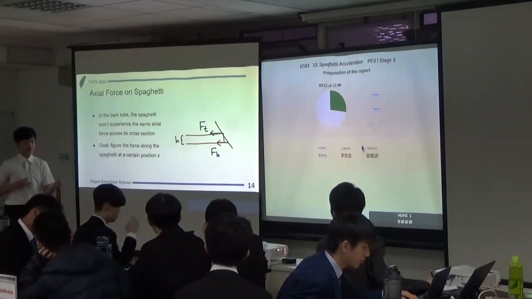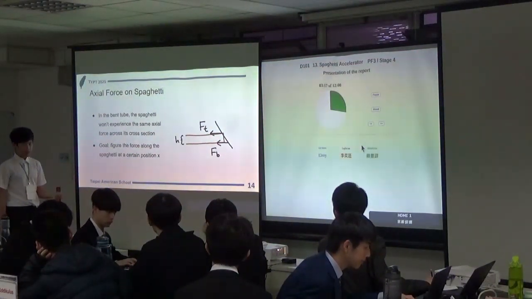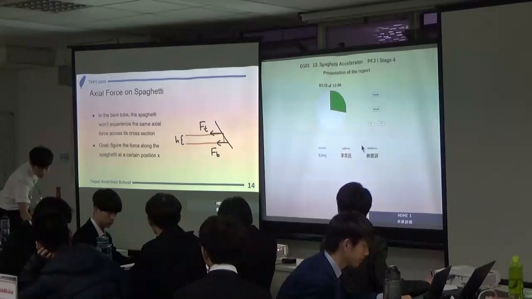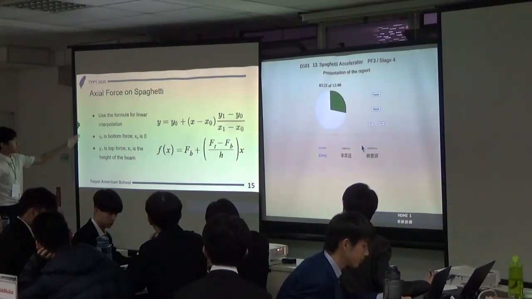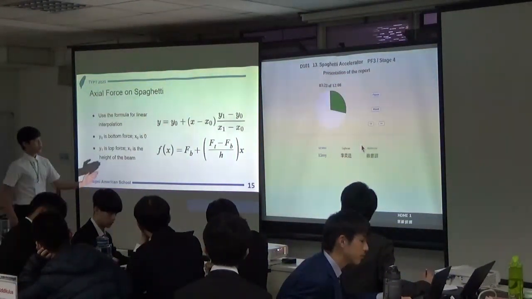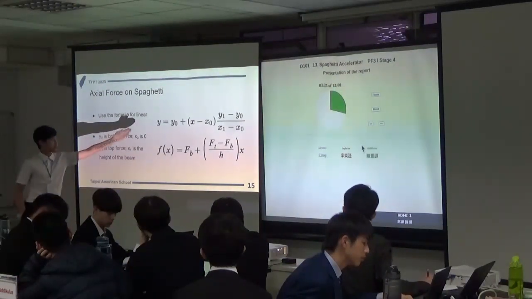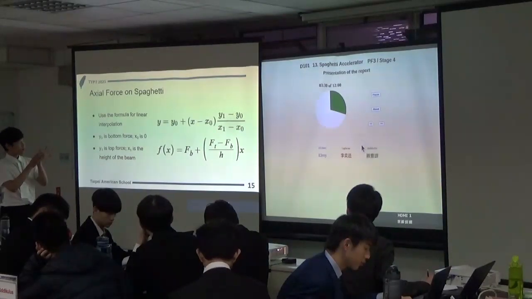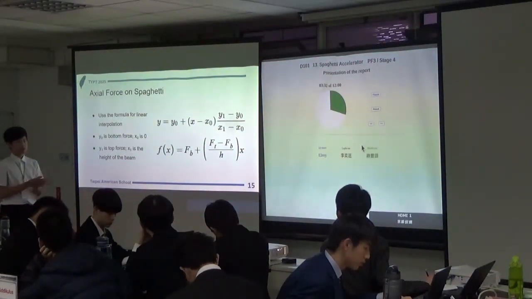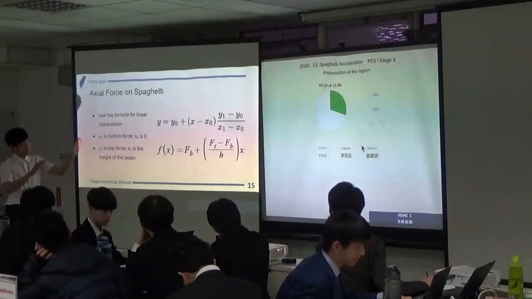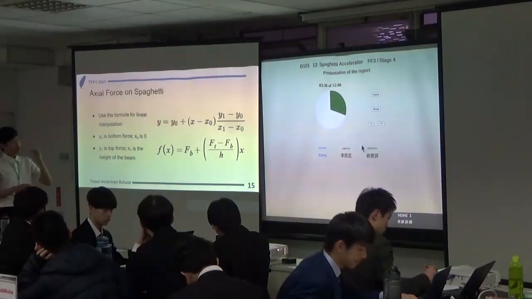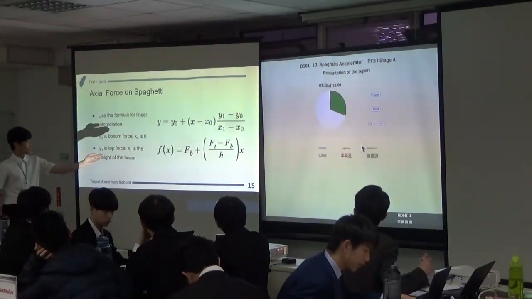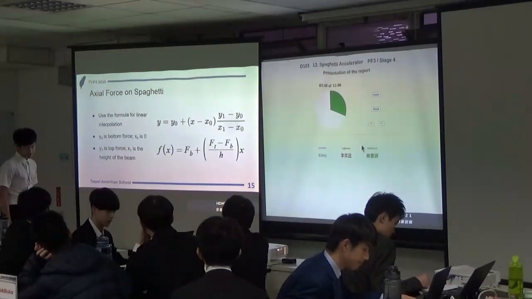So the goal is to figure out the force along the spaghetti at a certain position along its cross section, which leads us to the formula for linear interpolation, where y0 is the bottom force, and x0 is 0, because that's essentially where the starting point is, and then we can convert it to this force equation as we see here.